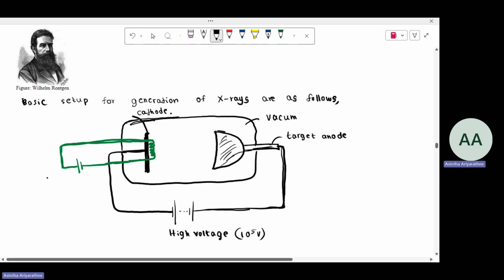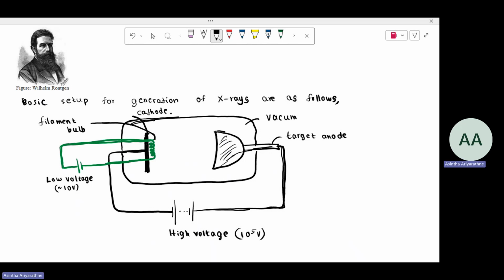Here it is very low voltage, around 10 volts. So this is a filament. Here the process starts from the filament bulb.